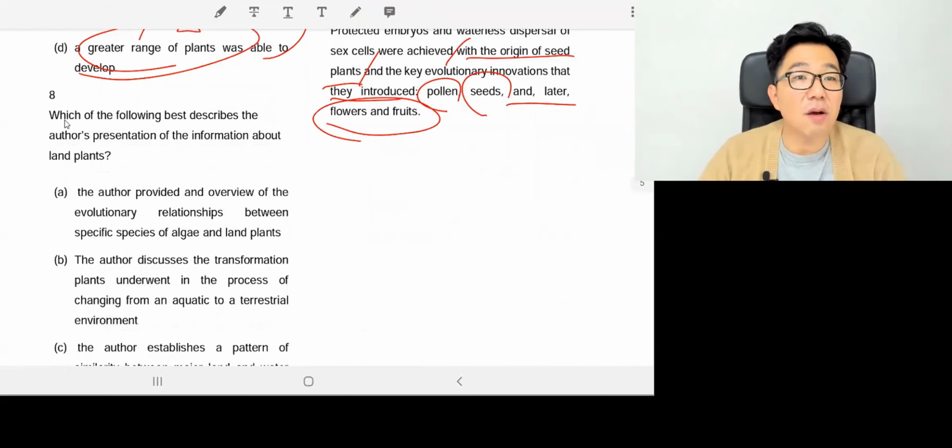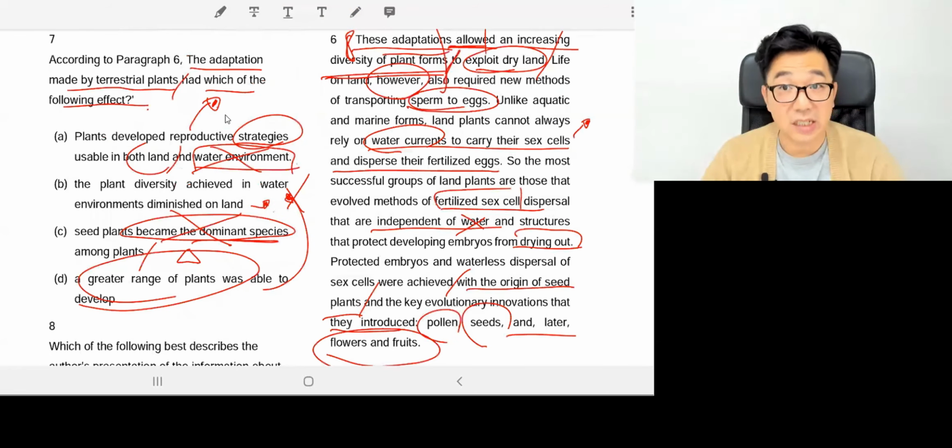Question 8: which of the following best describes the author's presentation of the information about land plants? Ooh, this is a very rare, more difficult question because the answer is not targeted to a specific paragraph, like paragraph 6 only.